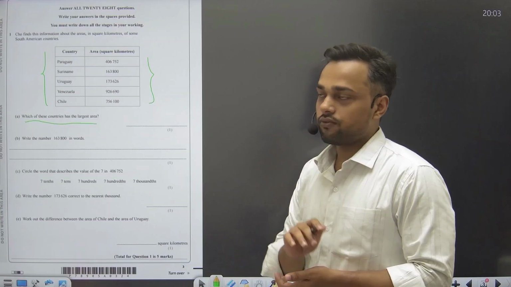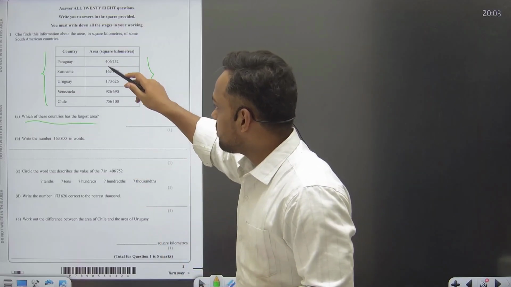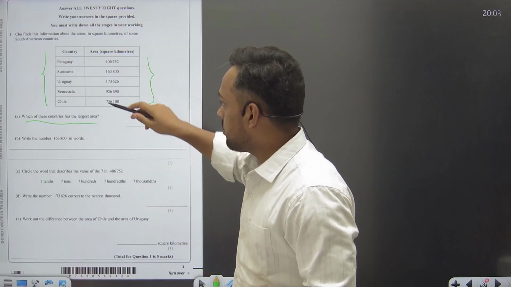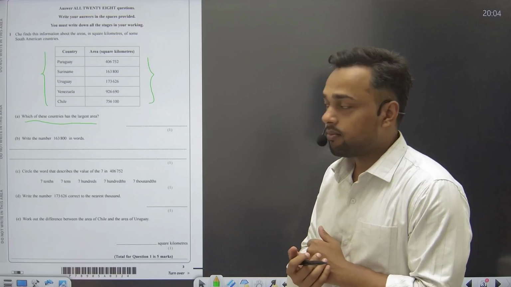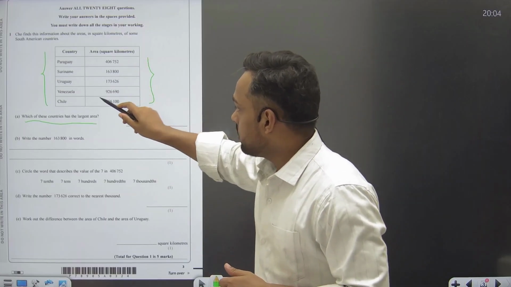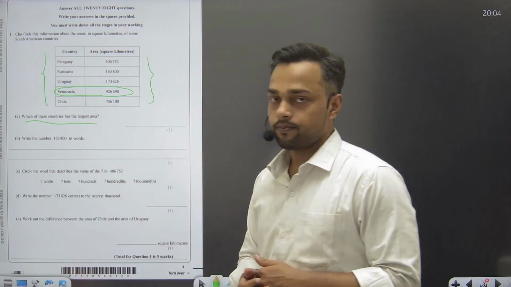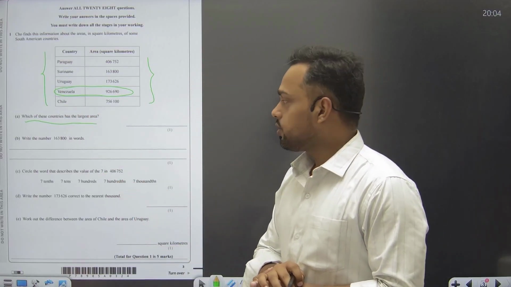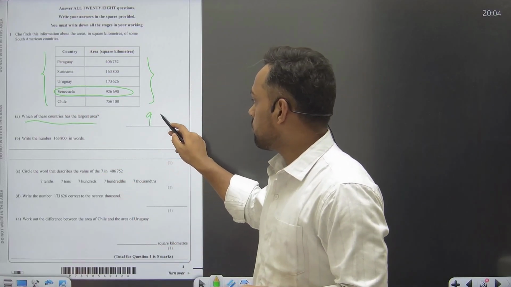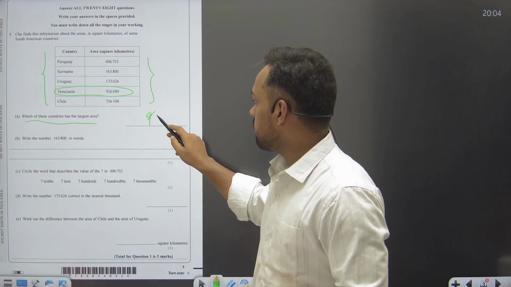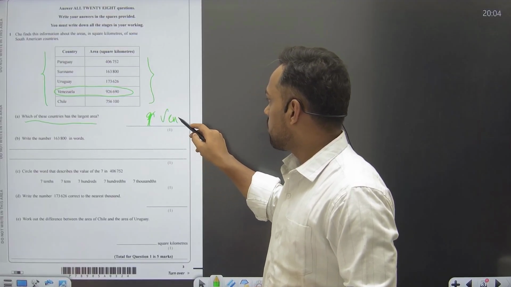So we can find the largest first digit in the whole data. You will find it is Venezuela, that is 926690. This is the shortest method to do this problem. So the answer is Venezuela.